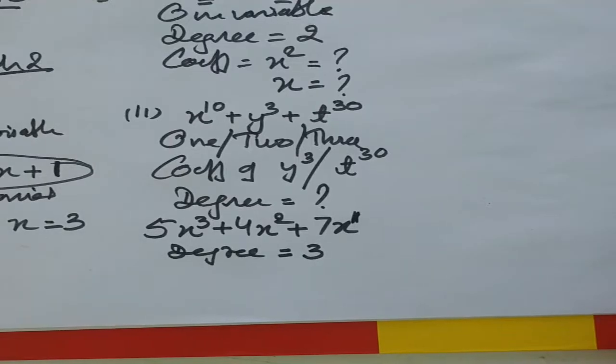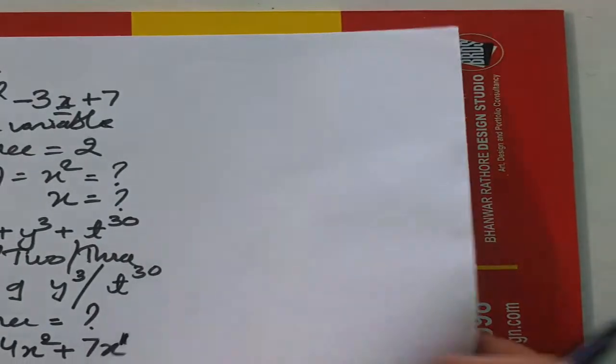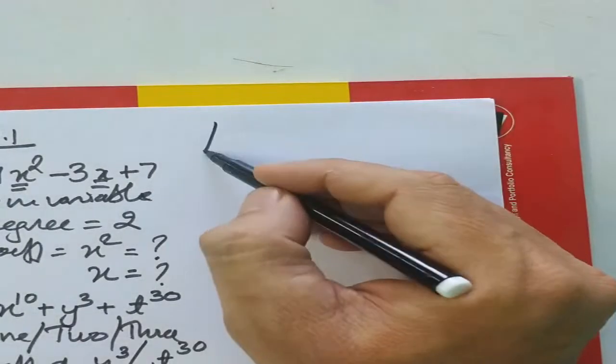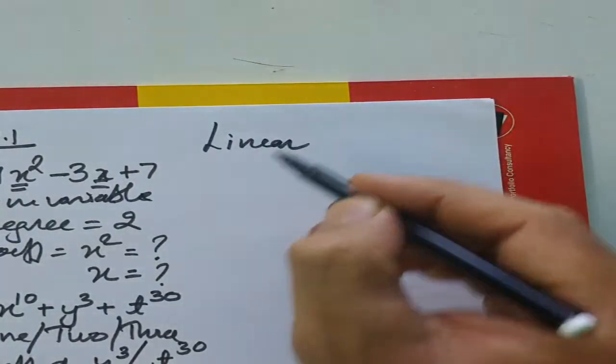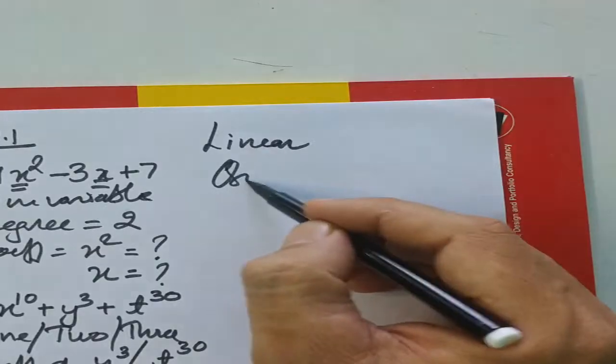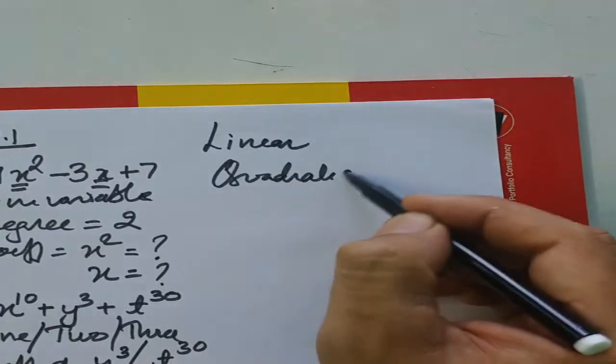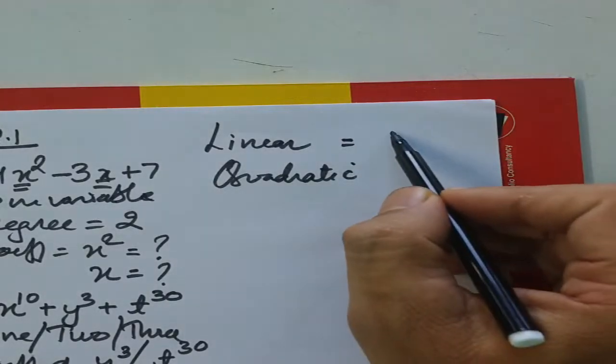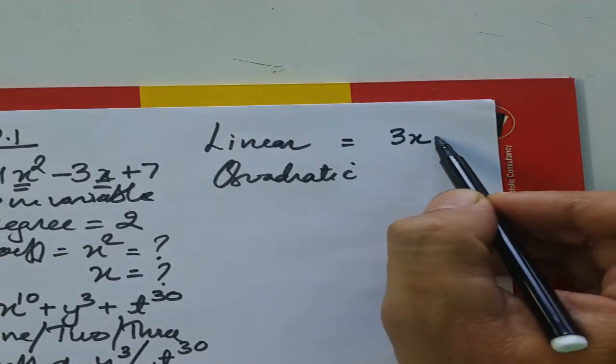In the introduction, one more thing comes: what type is the polynomial? There are three types: linear, quadratic, and cubic. A linear polynomial example will be 3x plus 2.